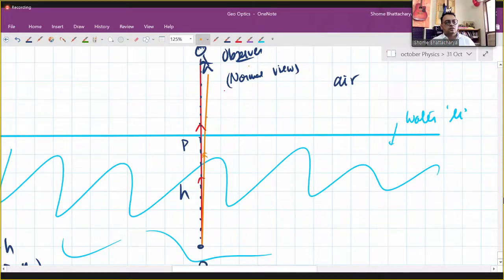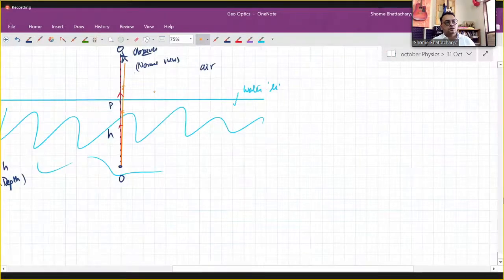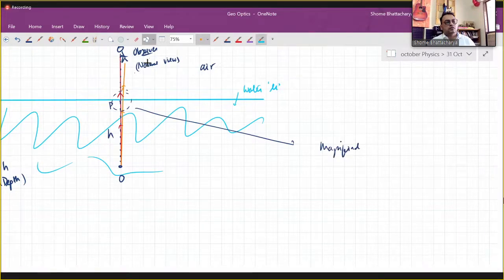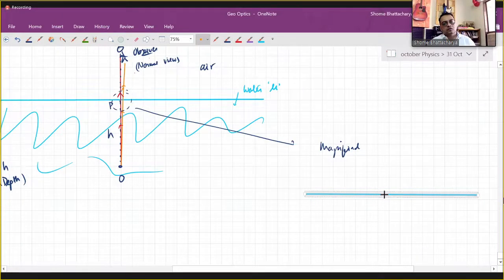So if I draw a very magnified diagram of this, if I magnify this a lot, you'll see that this is your refracting surface. This is your normal.